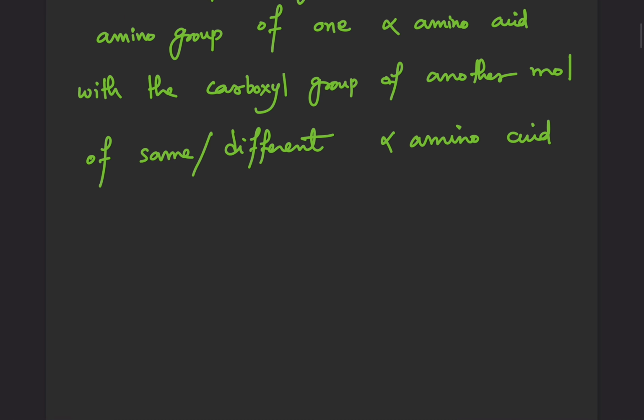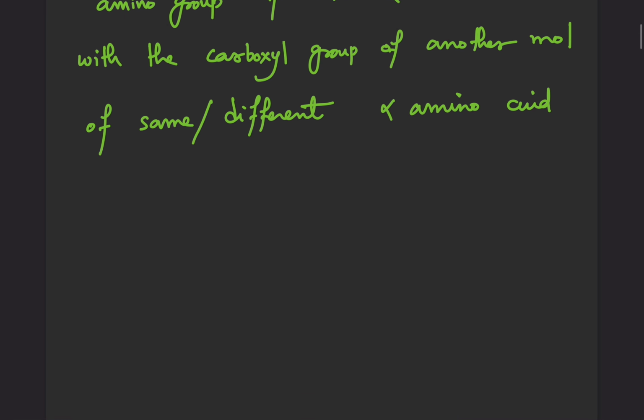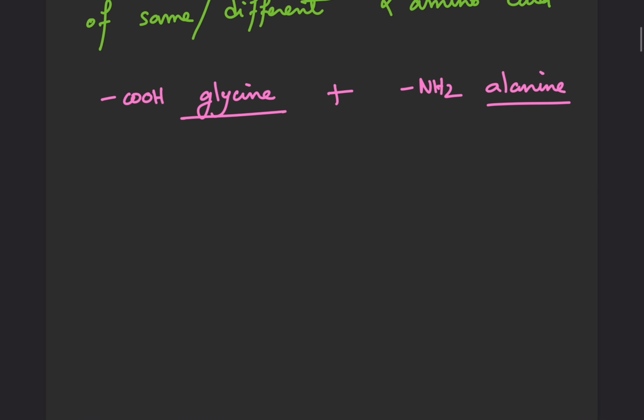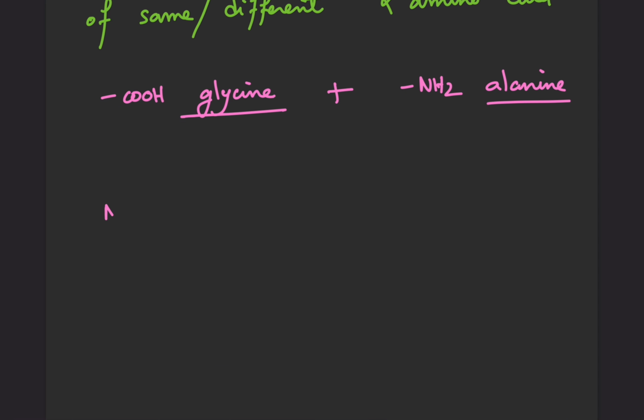Okay, so for example, let's say COOH group of glycine combines with NH2 group of alanine. Okay, so with respect to reaction, I can draw glycine as NH2 CH2 C double bond O OH. So this is my glycine. So it is combining with alanine.